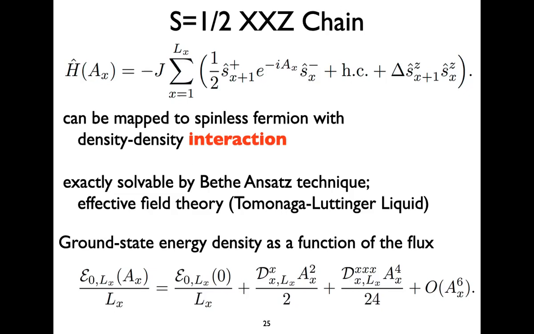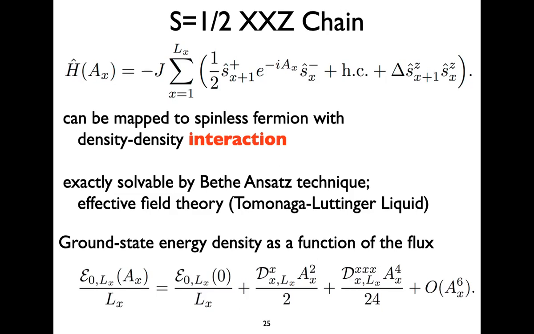It should be interesting to apply that formula to an interacting system, for example the spin-1/2 XXZ chain. This is a spin chain, but it is equivalent to a spinless fermion model with nearest-neighbor interaction. So you can define the Drude weight, linear and nonlinear, for this XXZ chain.